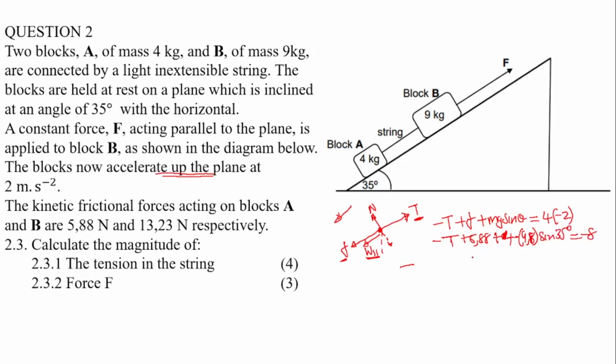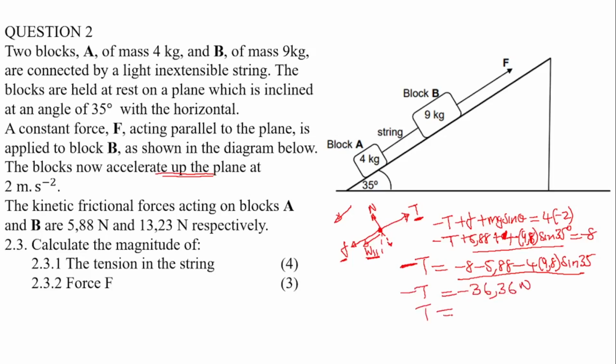And then we can transpose everything, move all this to the right, so it becomes negative T is equal to negative 8 minus 5,88 minus 4 times 9,8 sine 35, and then you can put this whole thing in the calculator. You'll get your negative T is equal to negative 36,36 newtons, and then T is equal to 36,36 newtons, like that.